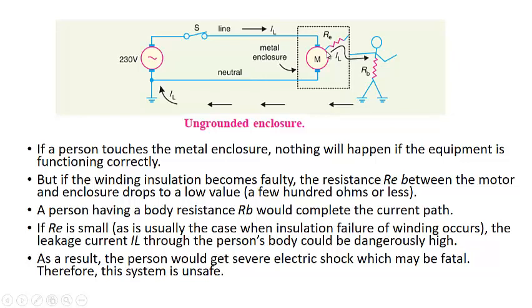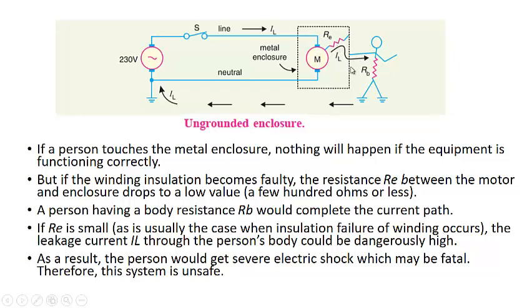There will be no current, or very small current, flowing through this resistance, and that current will flow through this part to the earth, because in this case the casing is not connected to ground. In normal operating conditions there may not be any current flowing through this.